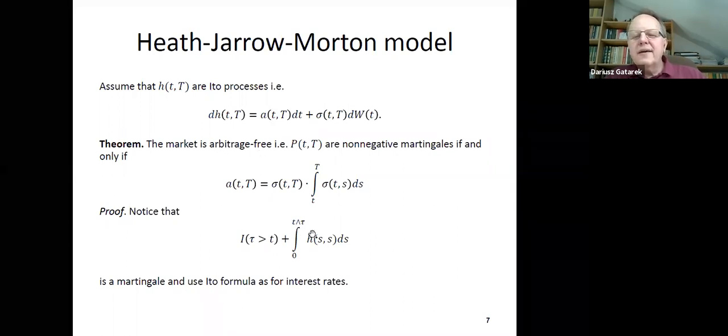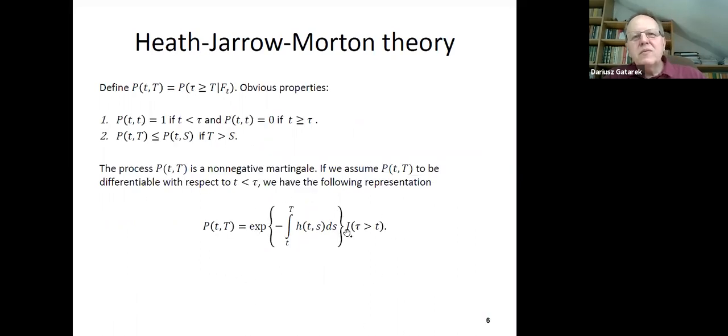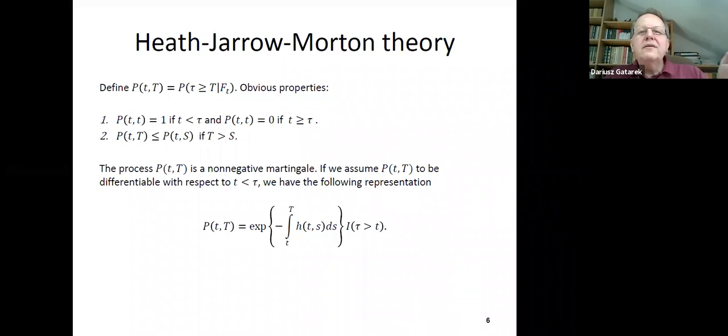is exactly the same as in the case of interest rates. So we notice that this term is a martingale and use the Itô formula for interest rates. So an Itô process is a martingale if and only if its drift is equal to 0.